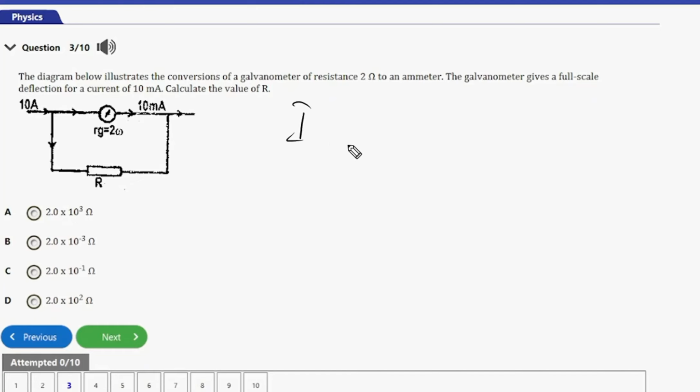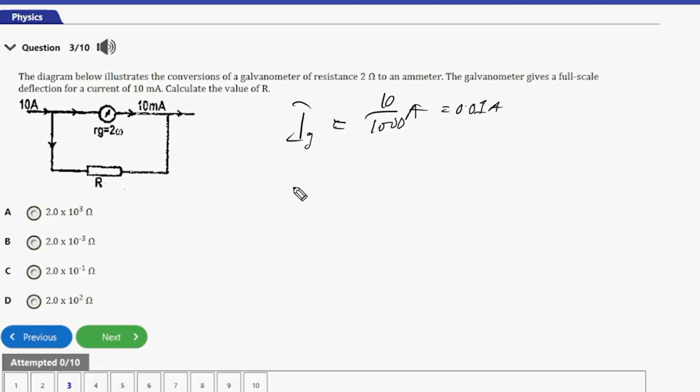The current of the galvanometer is going to be 10 milliamps, and you already know that 10 milliamps is 10 over 1000 amps, and that's 0.01 amps. So that's the current here.